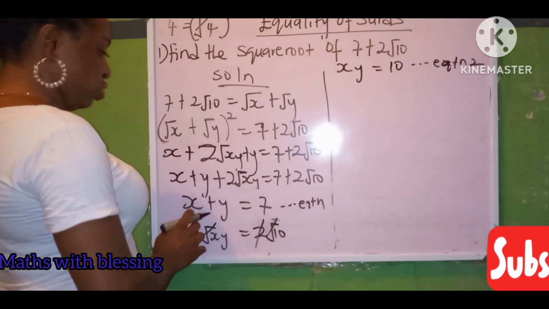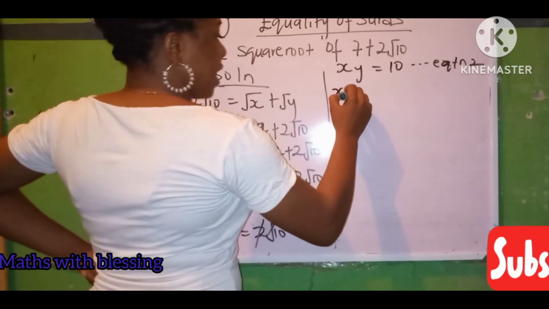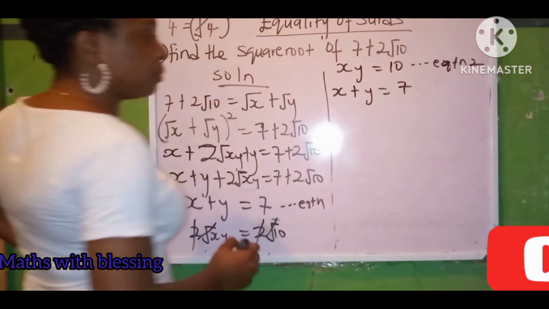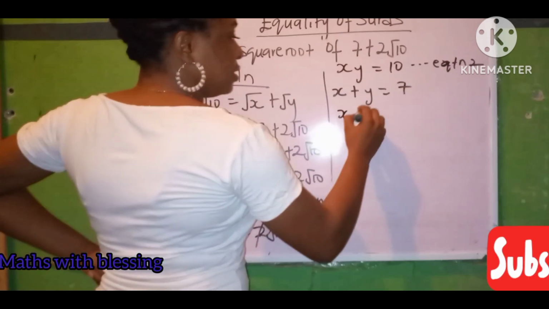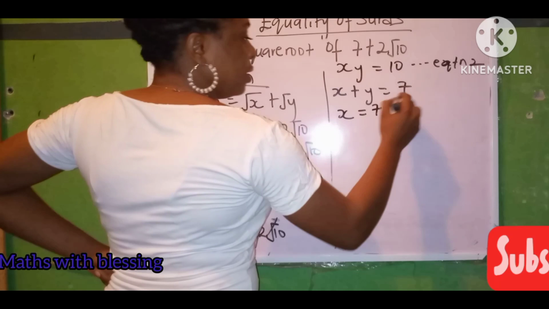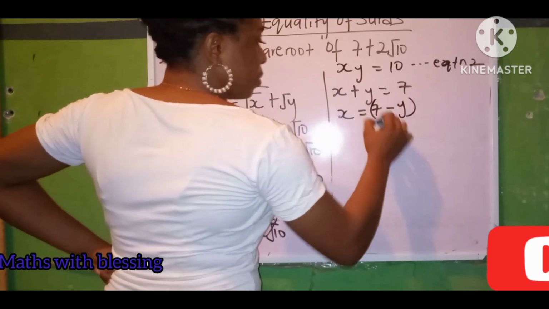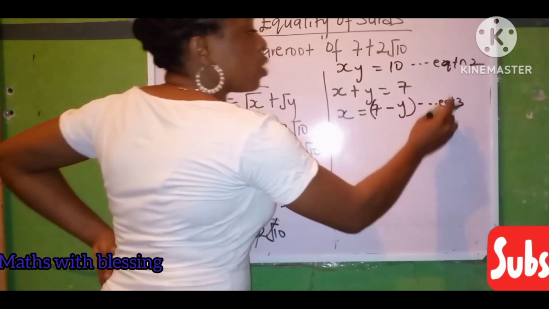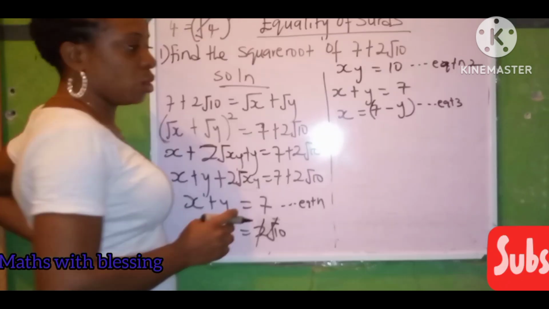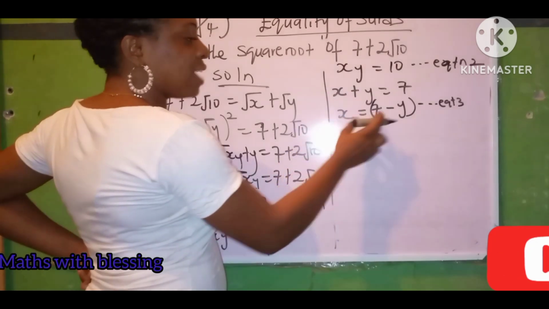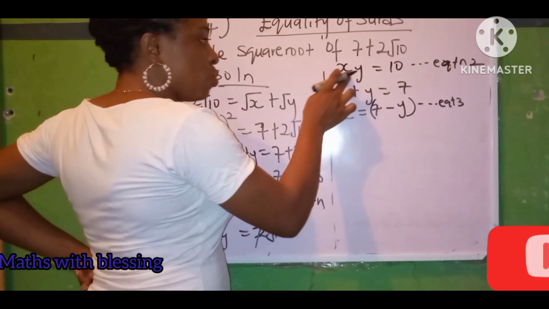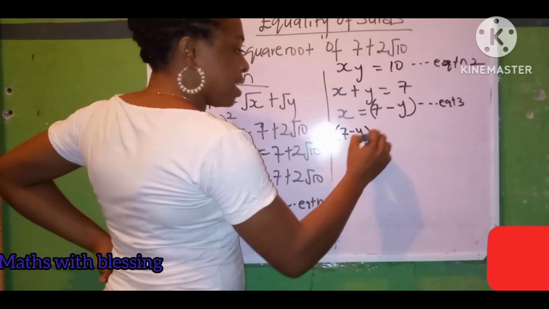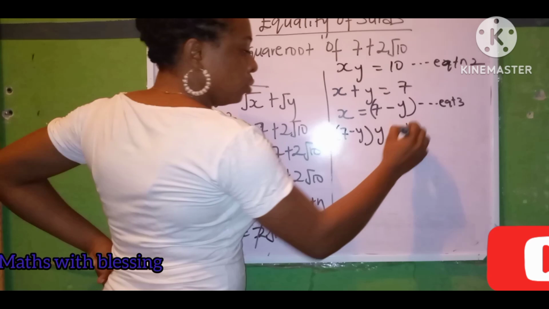Now coming to equation 1, we have that x plus y is equal to 7. That means x is equal to 7 minus y, equation 3. Let's put equation 3 into equation 2 and see what we get. If x is 7 minus y, then 7 minus y times y equal to 10.